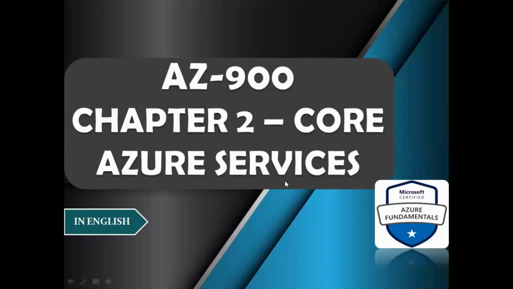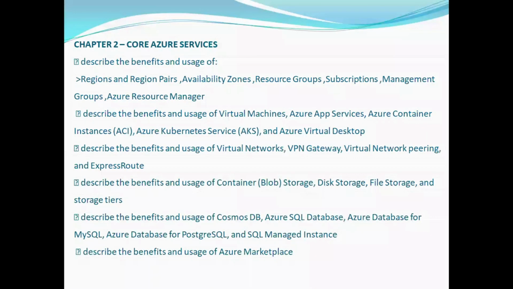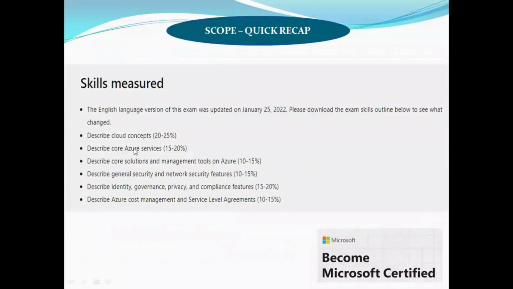So now we will move on to the second chapter, which is core Azure services. This chapter has the weightage of 15 to 20%, the second highest priority amongst all these 6 chapters.